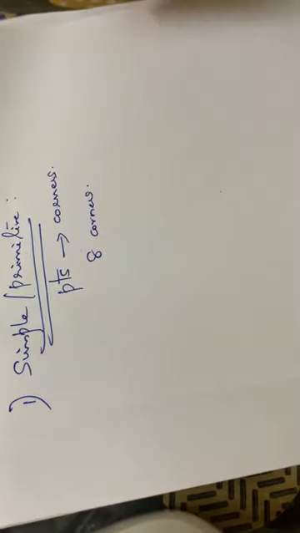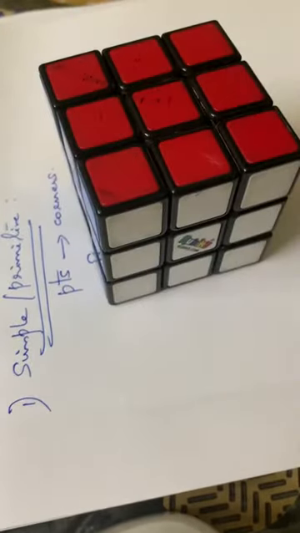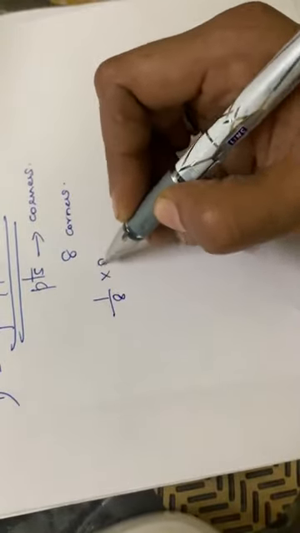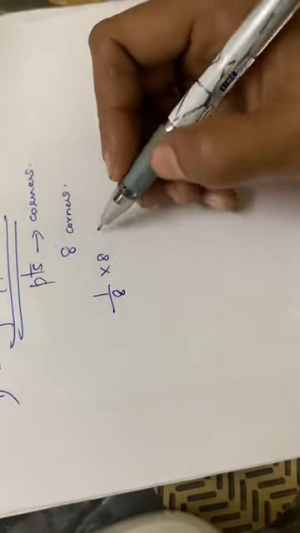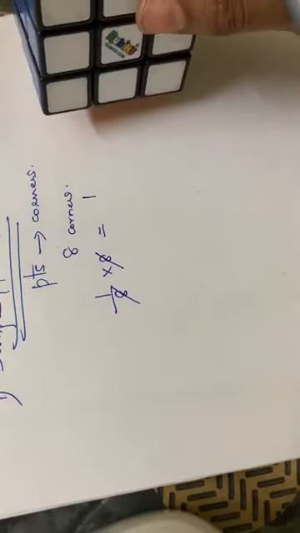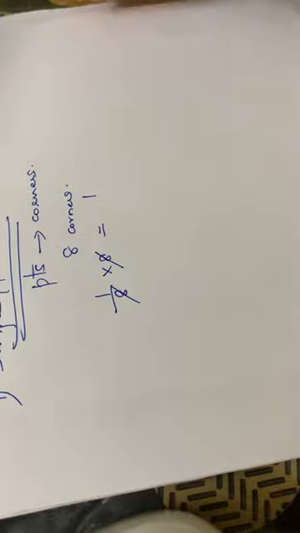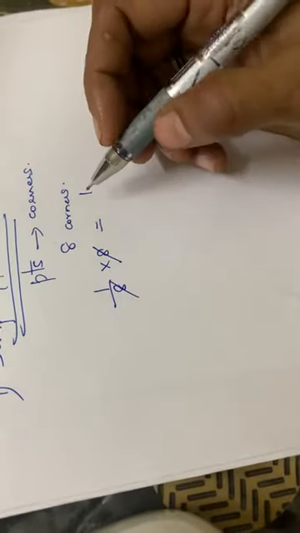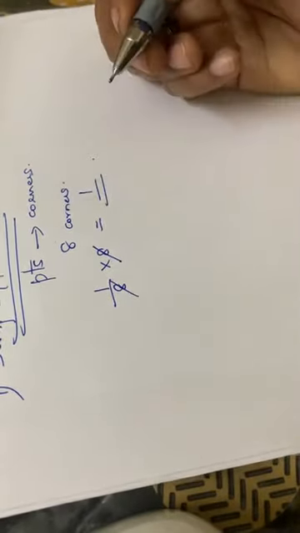So in effect, how many atoms will there be in total for a simple cubic system? There will be only one atom.